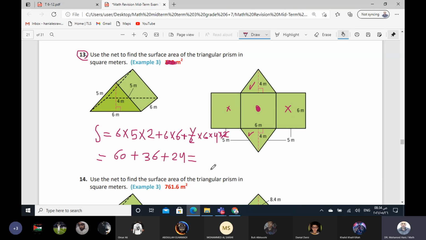Then we can add 60 plus 36 plus 24. The answer will be 120 meters square. Meter squared. Great.